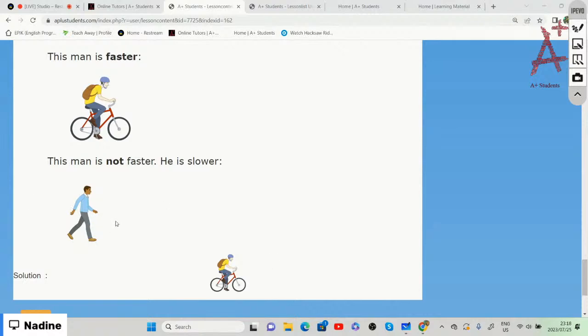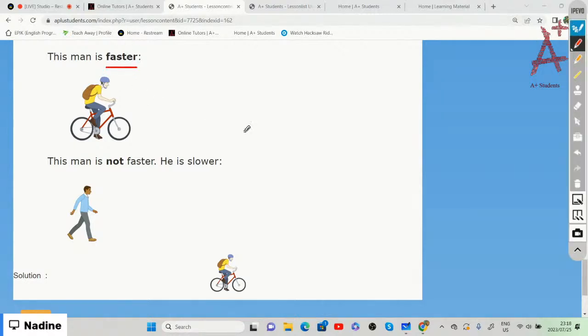The one riding the bicycle is faster than the man that is walking, which means that the man walking is slower than the one riding the bicycle.